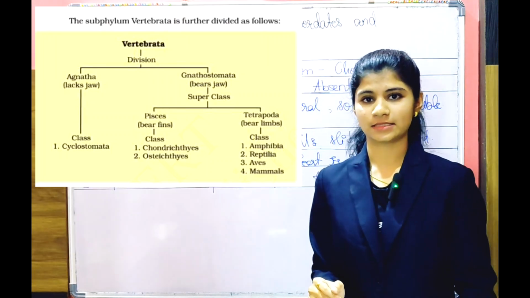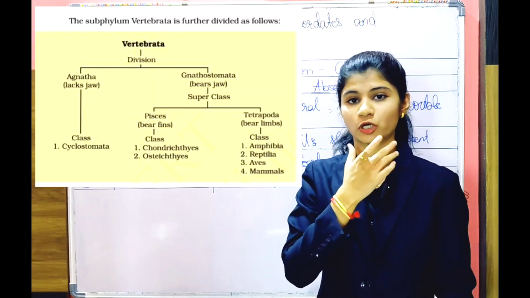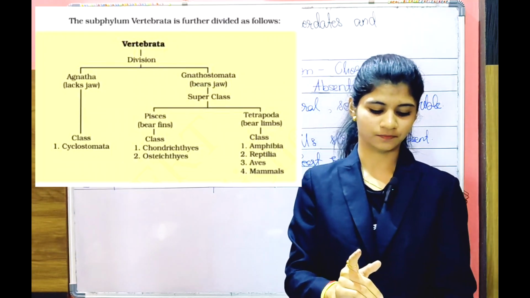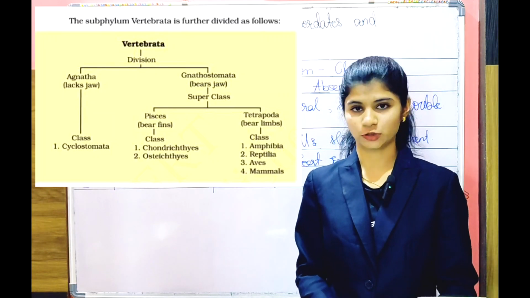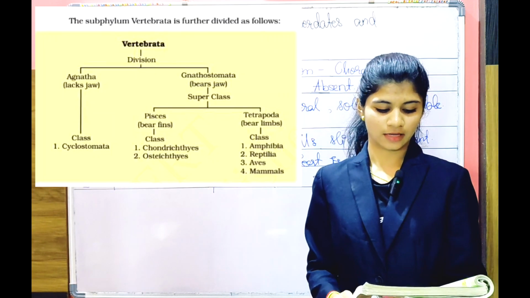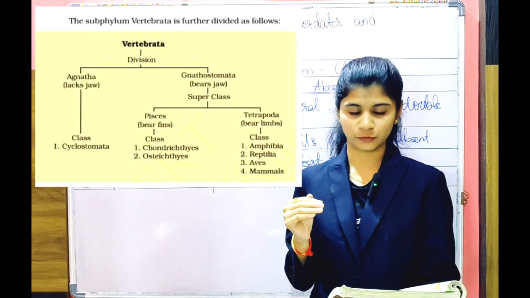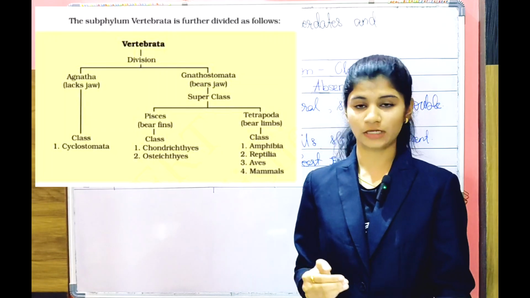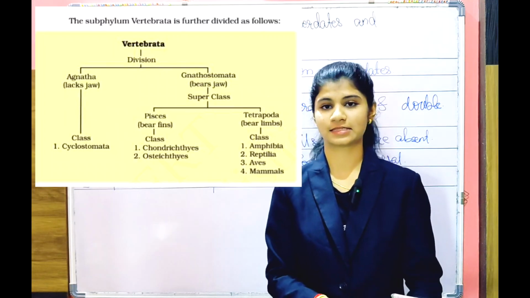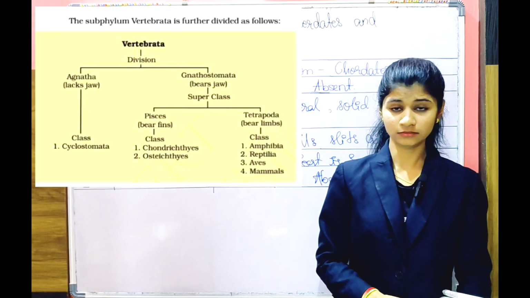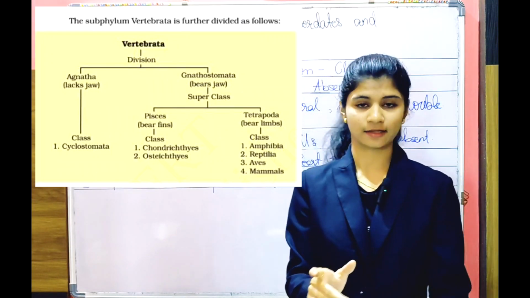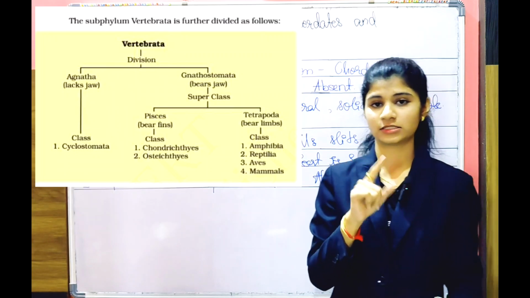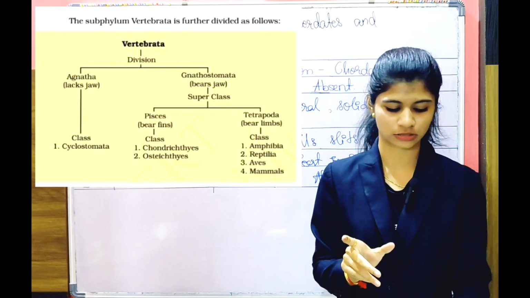So Agnatha means lack of jaws. The jaw will be absent in Agnatha, whereas Gnathostomata bear jaws. After Agnatha, only one class is there, and that class is Cyclostomata. Without jaws, the fish looks like a circle-shaped mouth, hence cyclo.